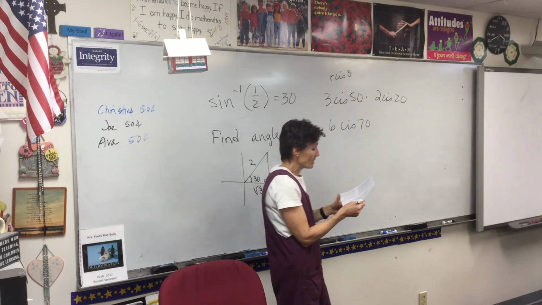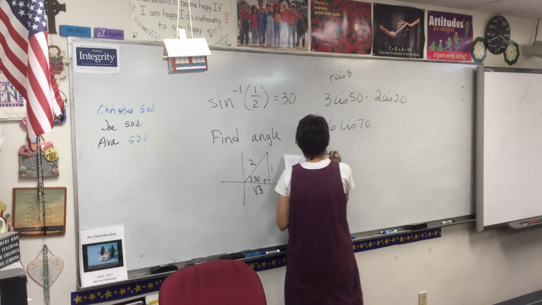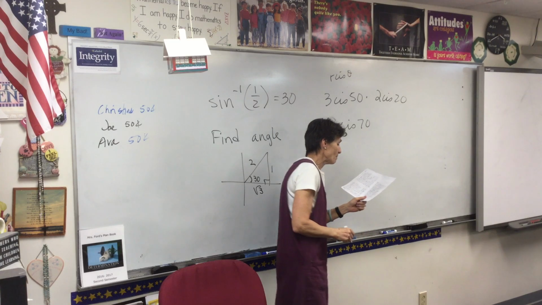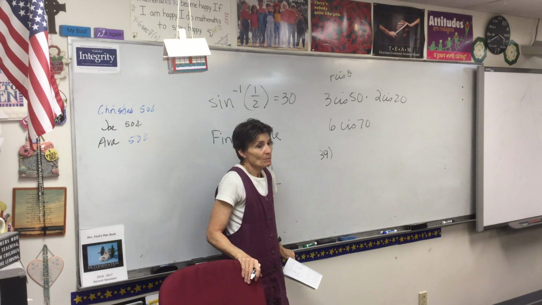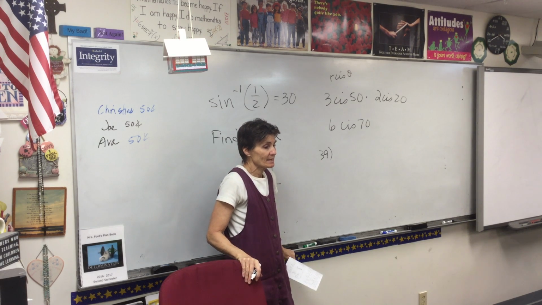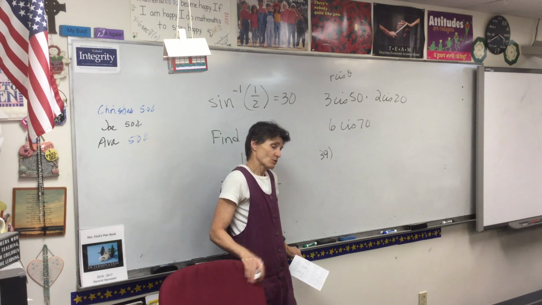Sorry. Okay, 39. I'm changing the last word. 39 is going to be, how many ways can 8 people be seated in a line? Please change the last word of number 39 because we didn't talk about circles. Circles are different.